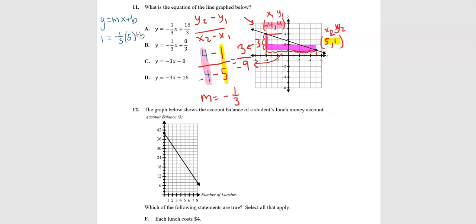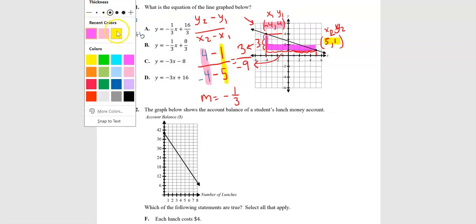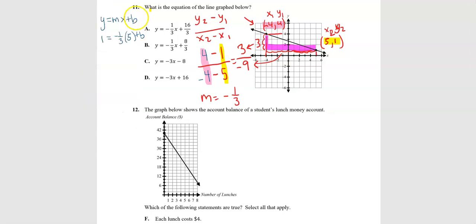Again, so that you can see where it's coming from, the 5 and the 1 are from the yellow point over here, my x and my y. I am then going to solve by saying 1 equals, and if you don't know how to multiply those fractions, you're just doing -1/3 times 5 over 1. That's why I'm going to get 5 over 3 negative.